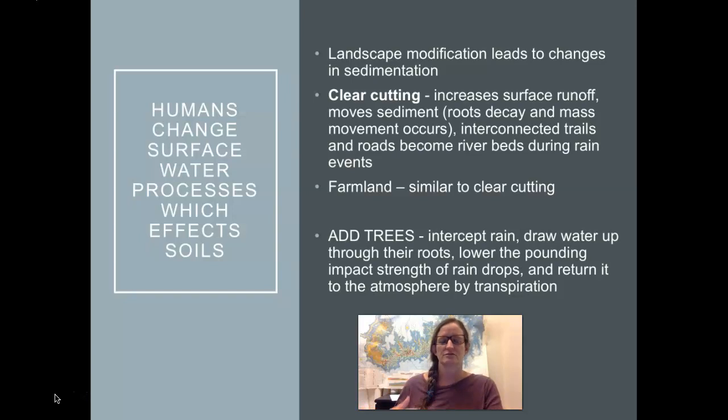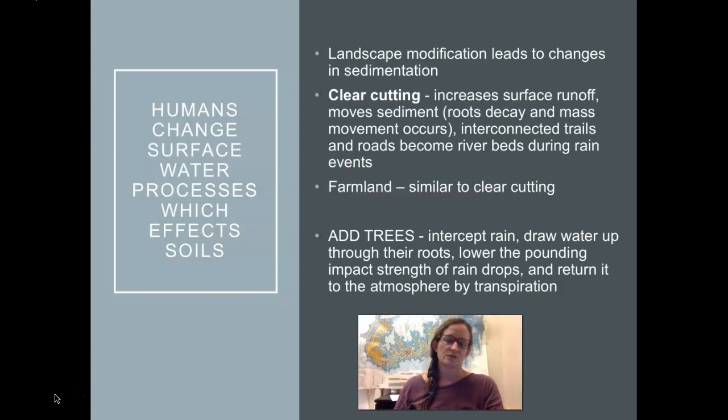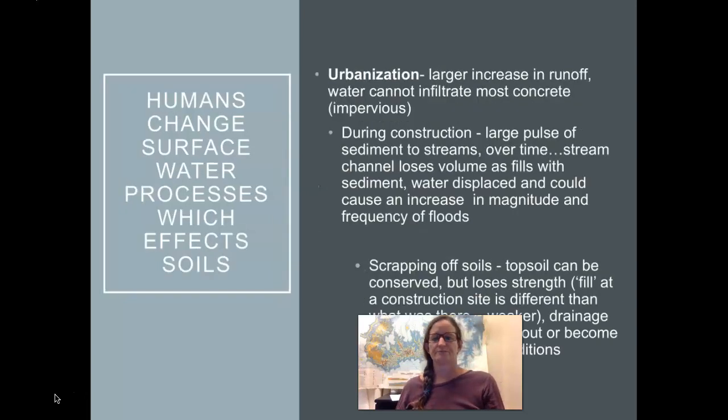So always adding trees. When you add a tree, looking for a plant, I don't have one. A tree, the rain is going to be intercepted by the leaves of that tree. So instead of pounding rain, water hits the tree and then flows down the trunk of that tree. Trees also draw water up through their roots and return that water into the atmosphere through transpiration.